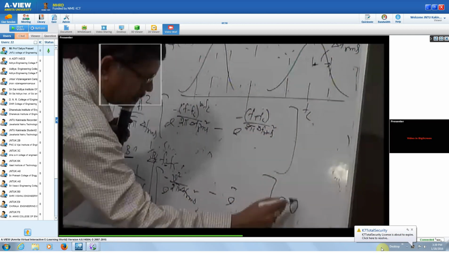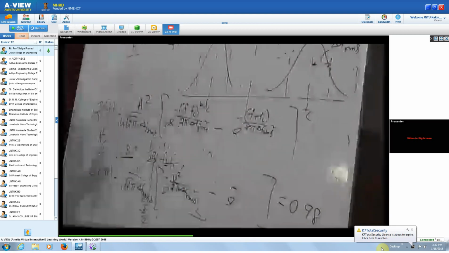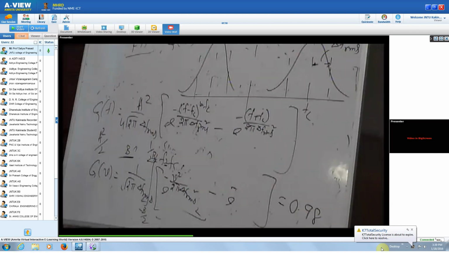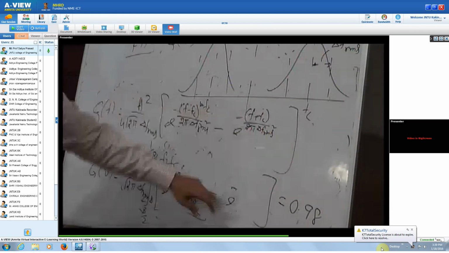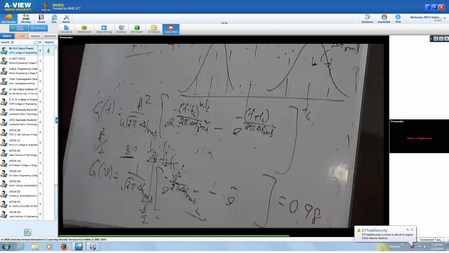And this will be equal to 0.98. Now put the complete expression, you put this value also. So we want 98%.